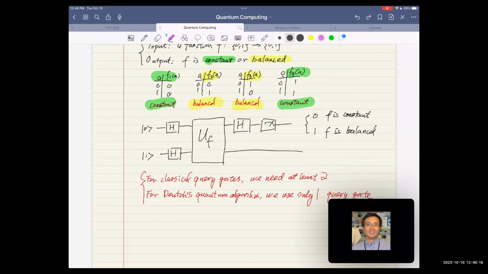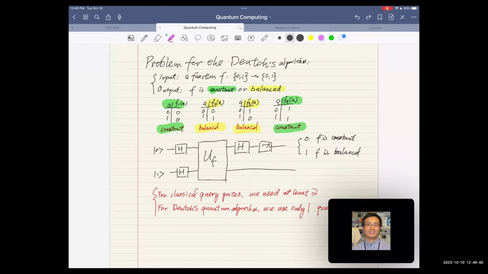In this case, it's actually not just parity check. It's different. When you say the parity check in the data integrity, file integrity, that actually works on the input. But for the Deutsch algorithm, we're not working on the actual parity check itself. We are trying to tell what is the function of this.